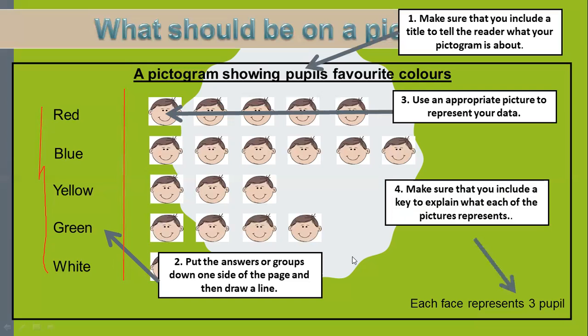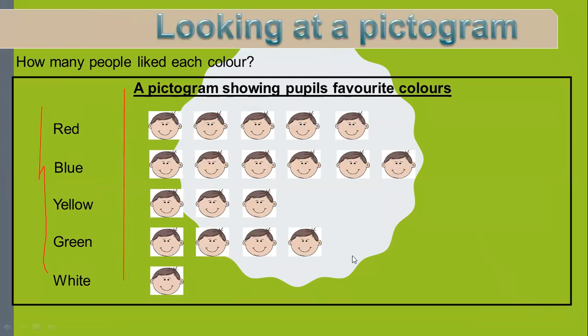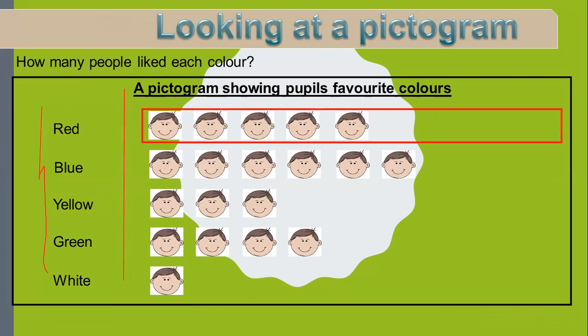And then, let's see ya. How many people like each color? Kalau misalnya kita tidak mengetahui sebelumnya datanya, we want to know how many people like each color. Okay, the first is 15. Why 15?